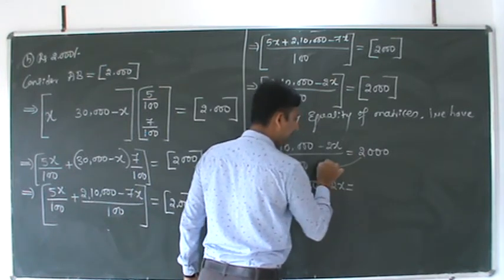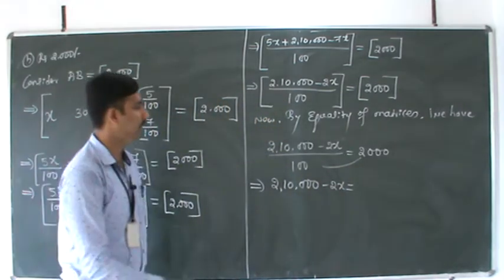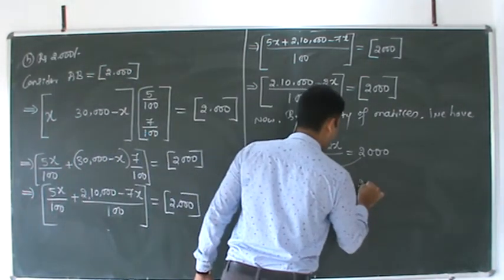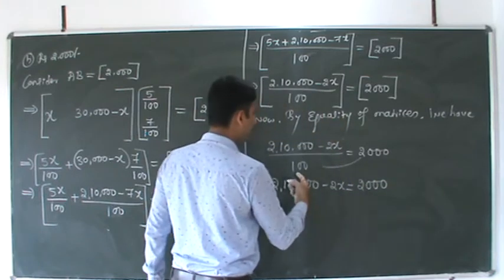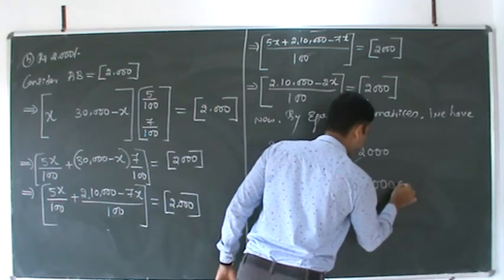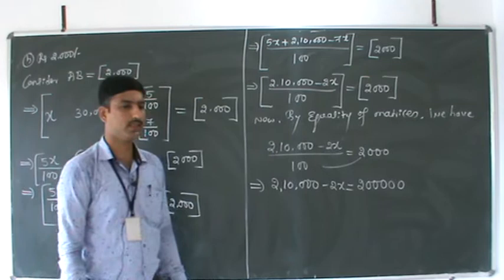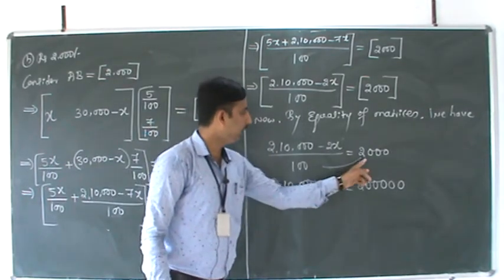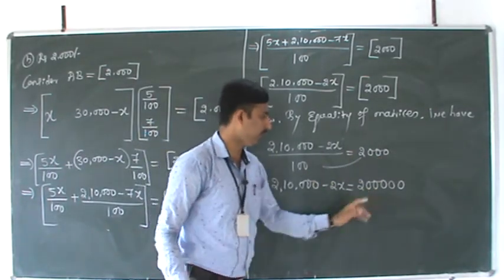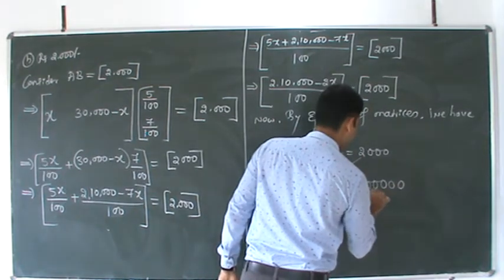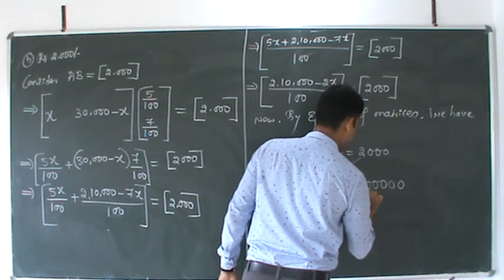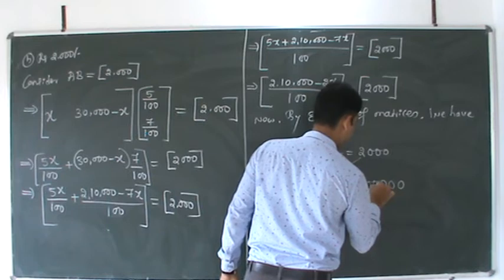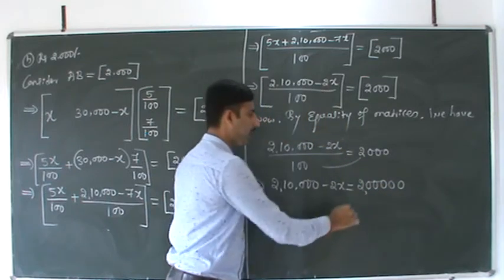After that, again there is a cross multiplication. 2000 we have 3 zeros before, now we are going to add 2 more zeros. Correct? 3 zeros and 2 zeros becomes 5 zeros, which is nothing but 2 lakh.